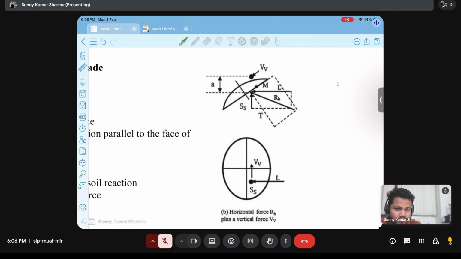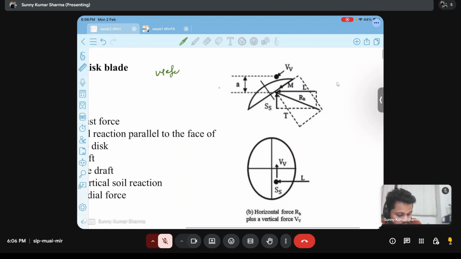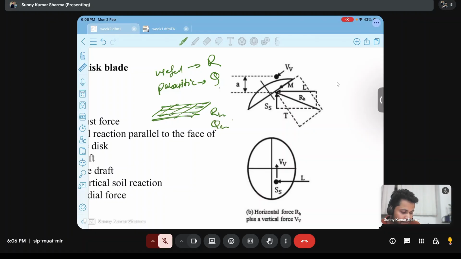There are mainly two types of forces which act on any implement: one is useful force and one is parasitic force. Useful force we denote by R and parasitic by Q. The horizontal projection of R and Q on the ground surface, on a plane, we denote as RH and QH.